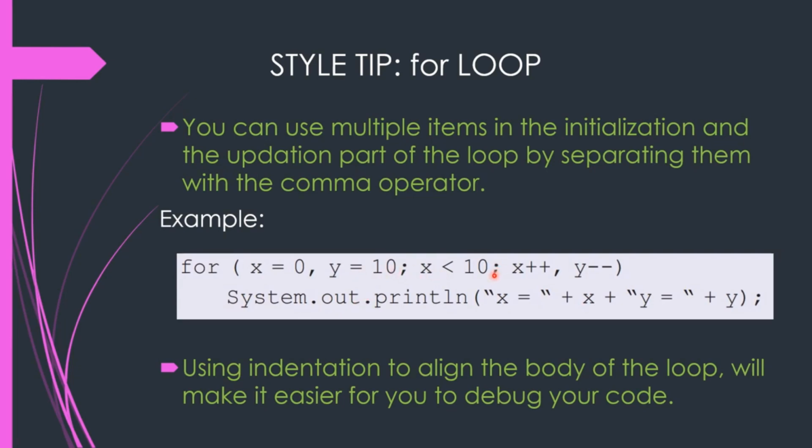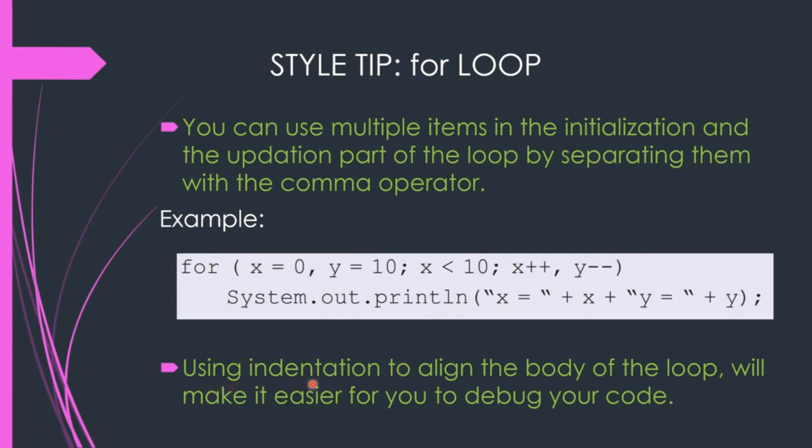And after that, we will again put the semicolon and we will write the updation part. We also want multiple items in the updation part, so here we have used comma operator again. Also, you can see here we have omitted the curly braces because here also the block of code or the body of the loop has only one statement.